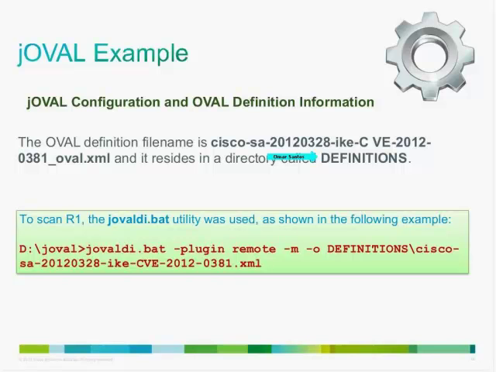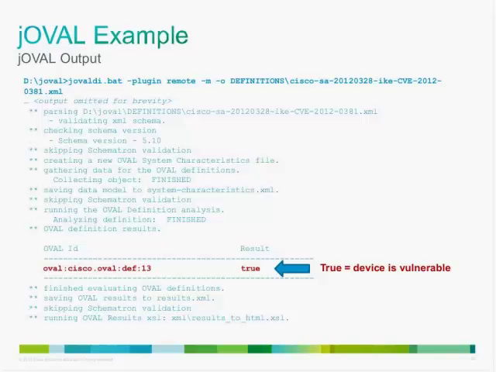In this case, we're using the remote plugin to connect and scan the router remotely, and we're defining that the definition is stored in the definitions directory, and we give the file name for that OVAL definition.